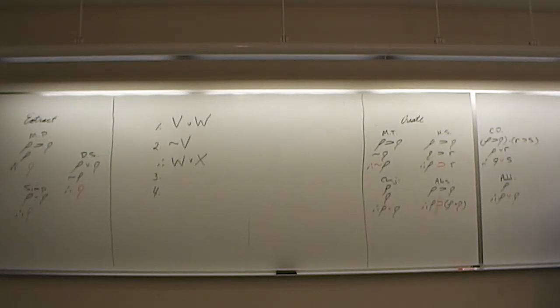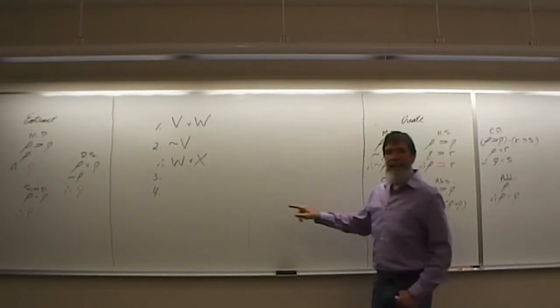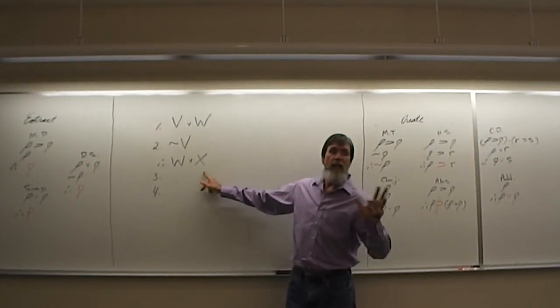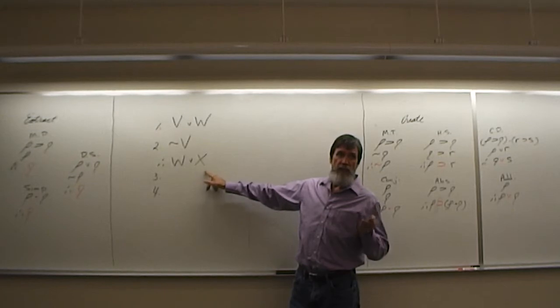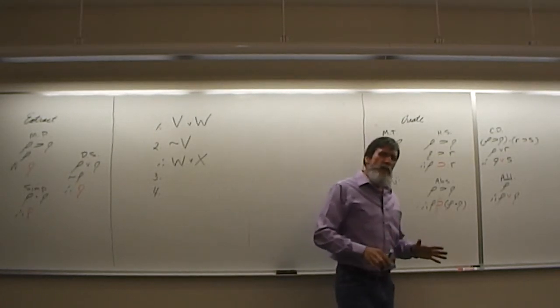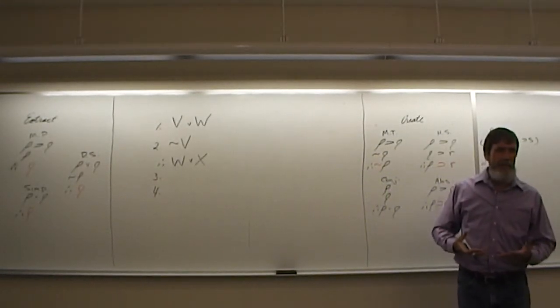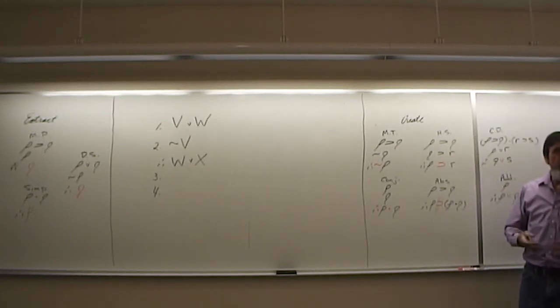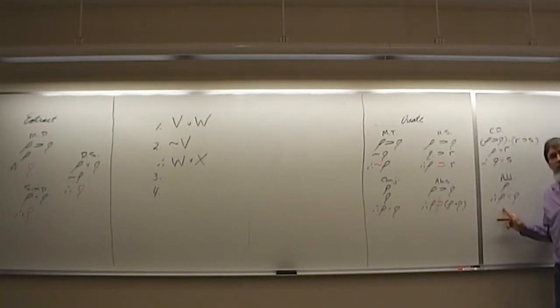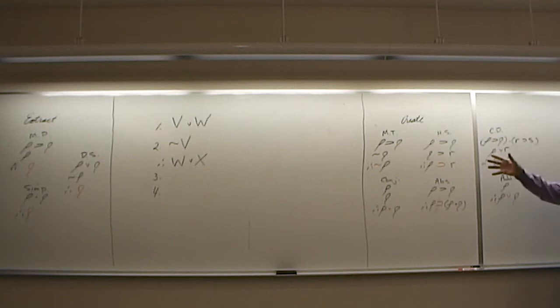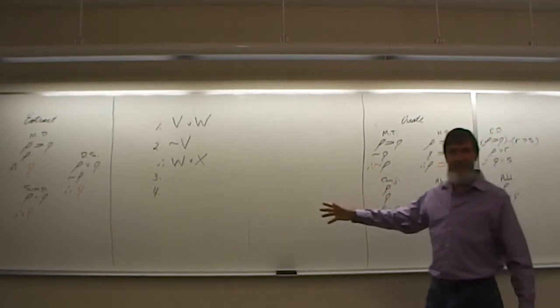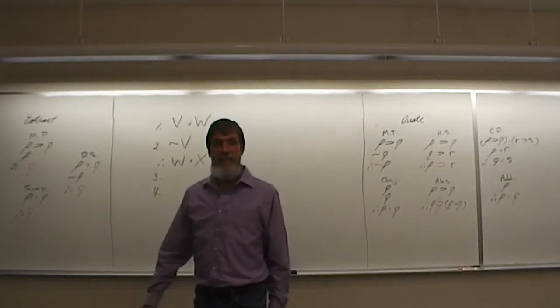See? Whenever you see a simple statement, one big letter, in the conclusion that's not in the premises, the only way to introduce it into your proof is addition. Because addition says, given any premise whatsoever, I can conclude the disjunction of it and whatever I want, even if what I want doesn't exist in the argument. You all get that?